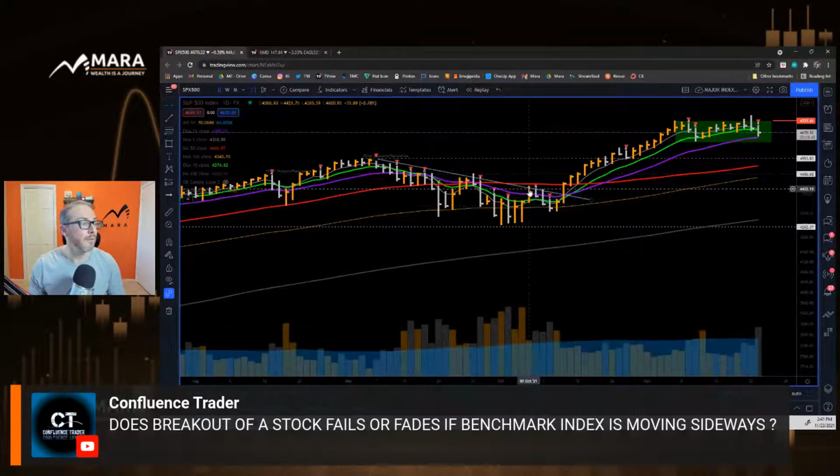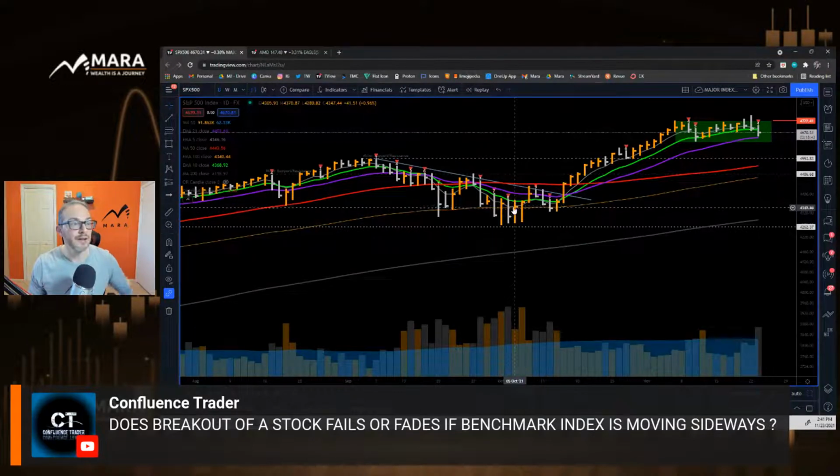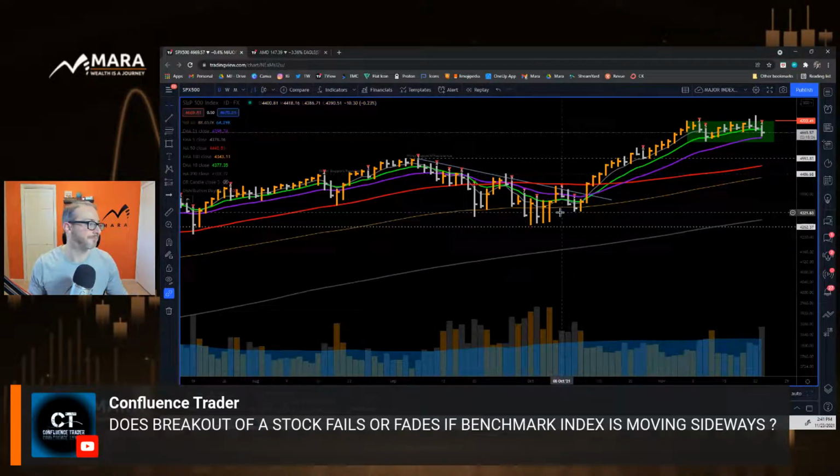But what I started to see over here too, as price was coming in, I saw a couple of things. I started to see some of what turned out to be some of the leaders, your Upstarts, your Asanas, your Coins, and those type of stocks setting up in this area.